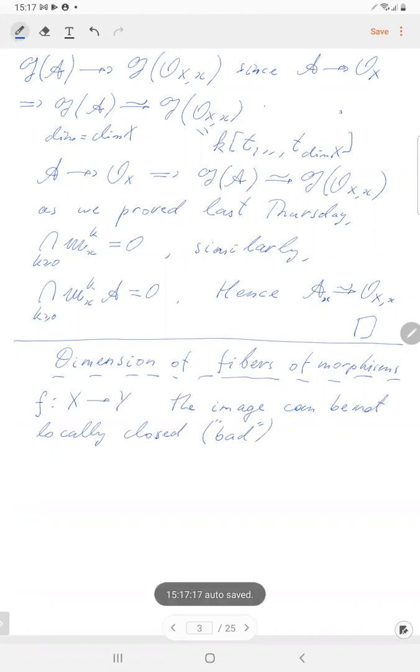And probably somebody remembers the basic example of this unpleasant behavior. Anybody remembers? No? For example, A2 with functions x and y. All right, absolutely. Thank you. So it's called an affine blow-up.